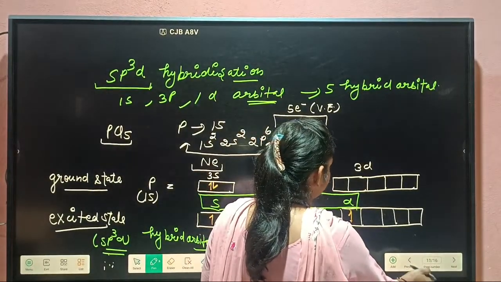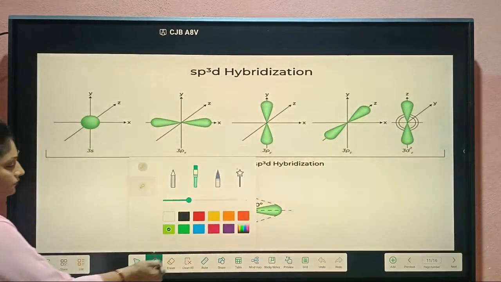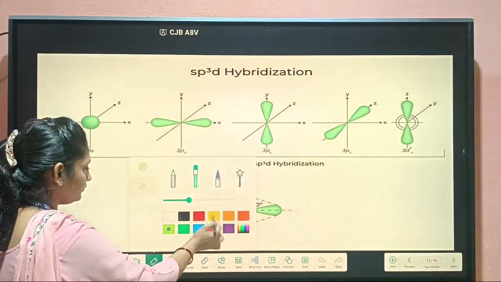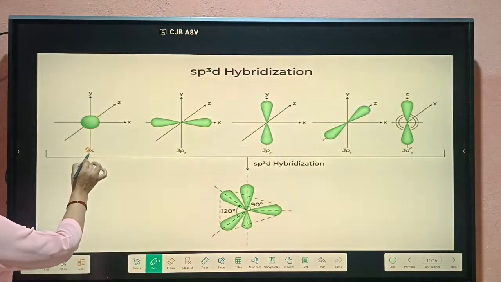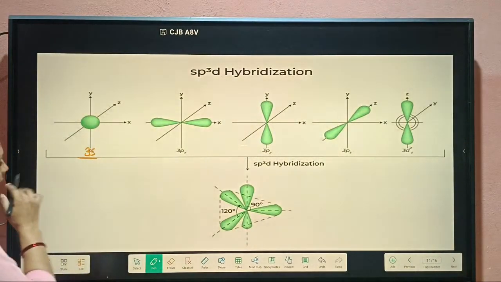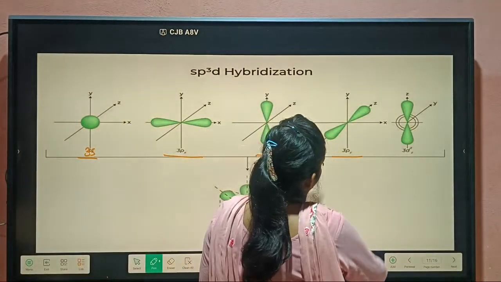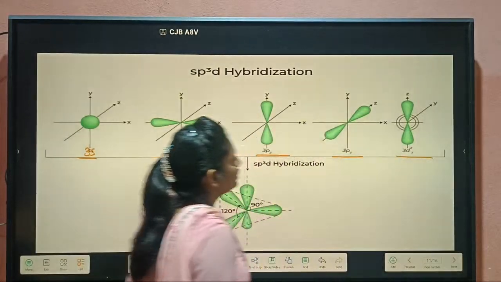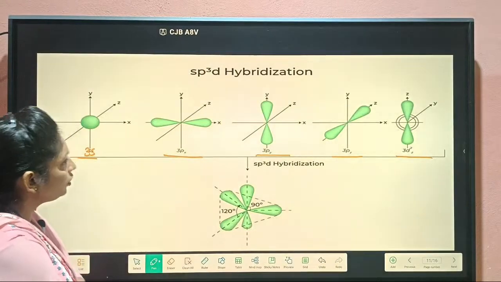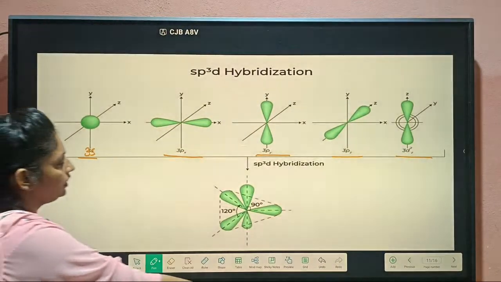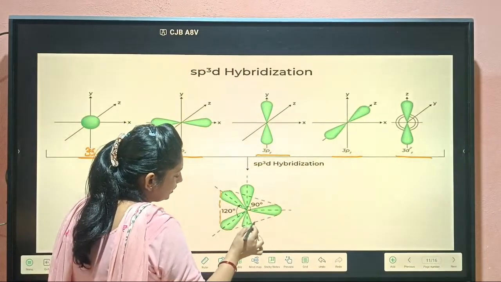Then students, you can see the structure. Here 1s, 3p and 1d orbitals are overlapping, and after overlapping they give this type of geometry.